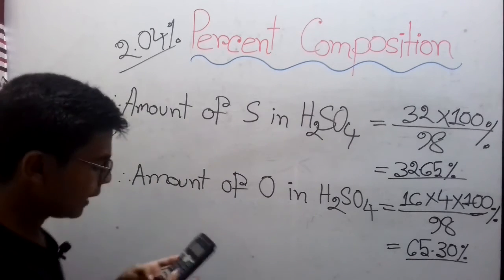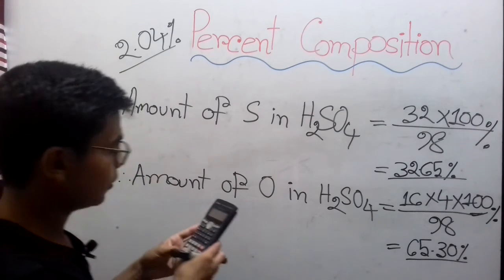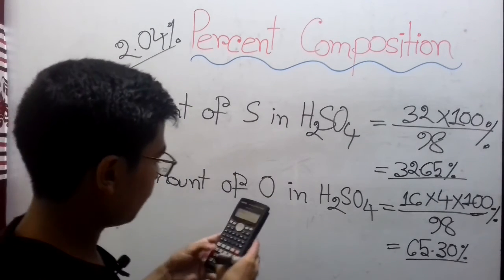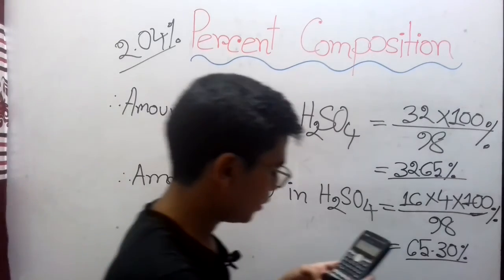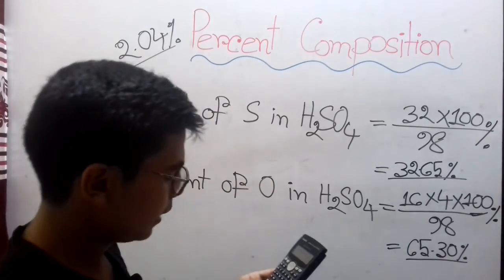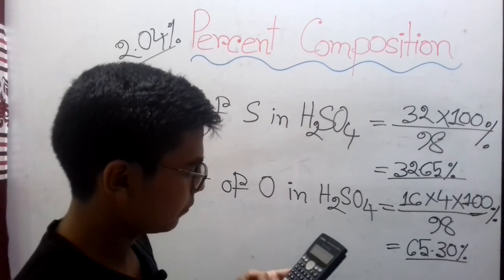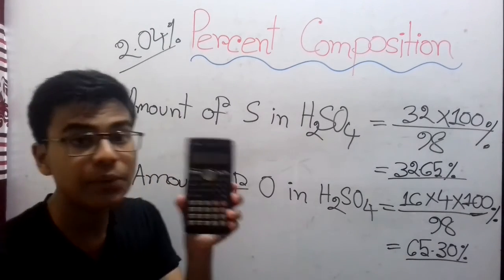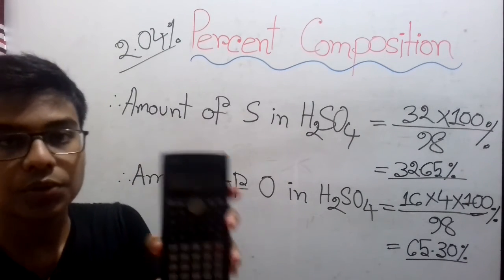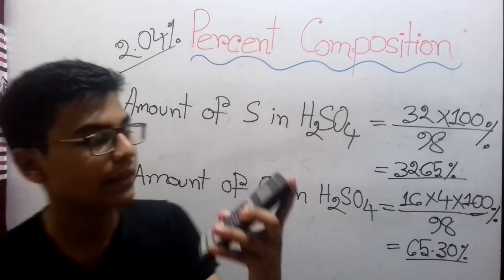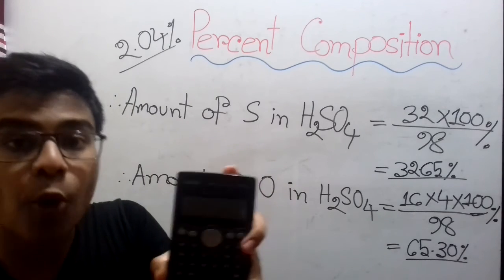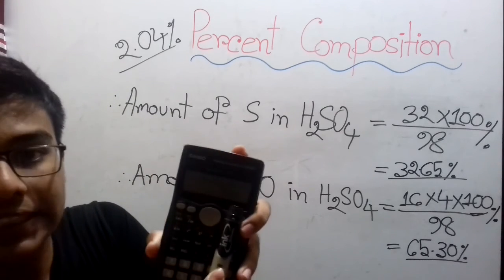At first there is 2.04 plus 32.65 plus 65.30. Here you can see that it is 99.99%.